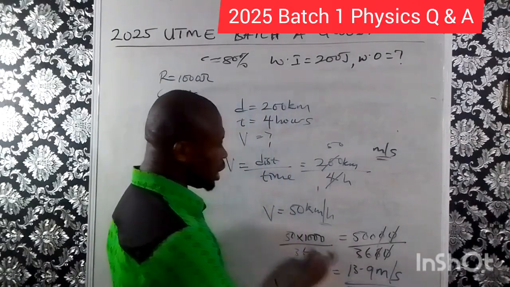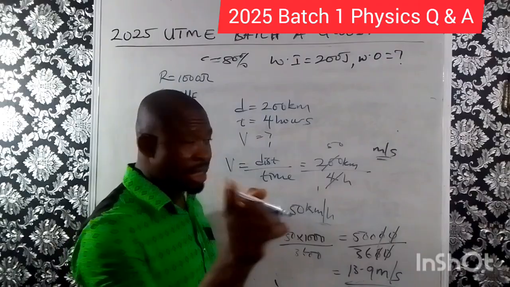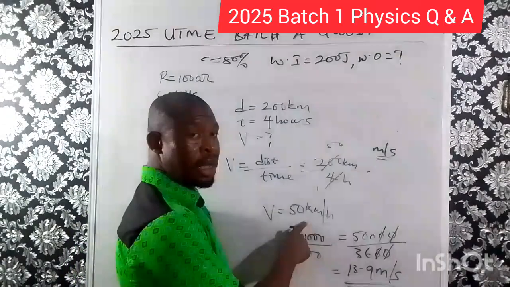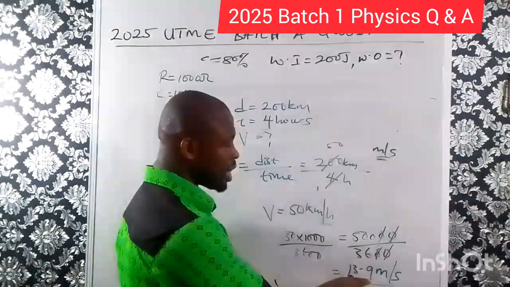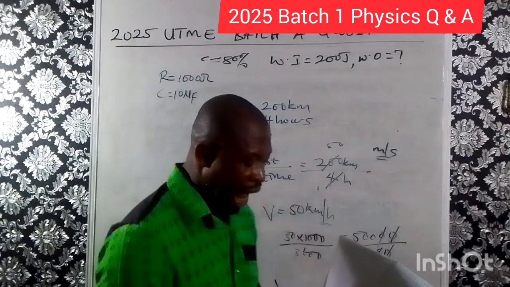So this is equivalent to this. In case the answer is not in kilometer per hour, it should be meter per second. This is what you will have.